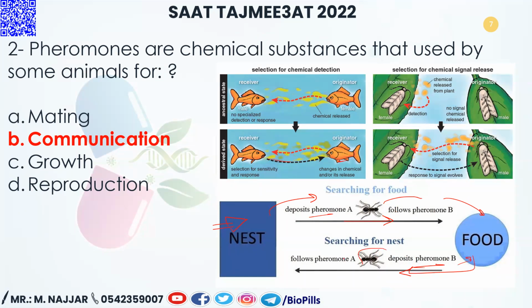They are following pheromone A that guides them towards their nest. Of course, these are chemical substances that are being used between individuals of the same species, in order to communicate without having any encounters by enemies or predators, or even other species.